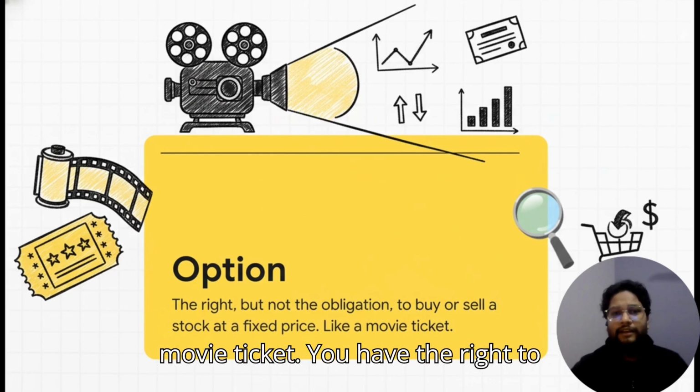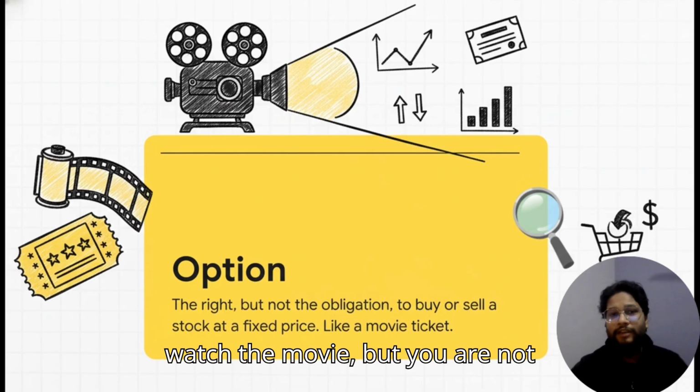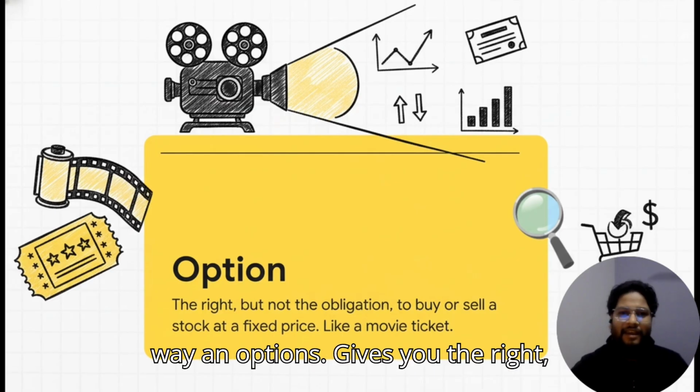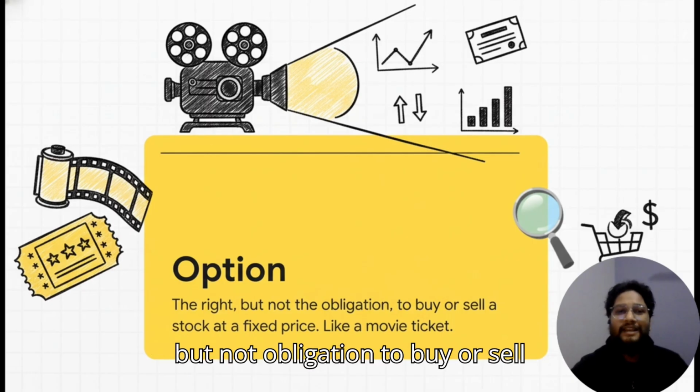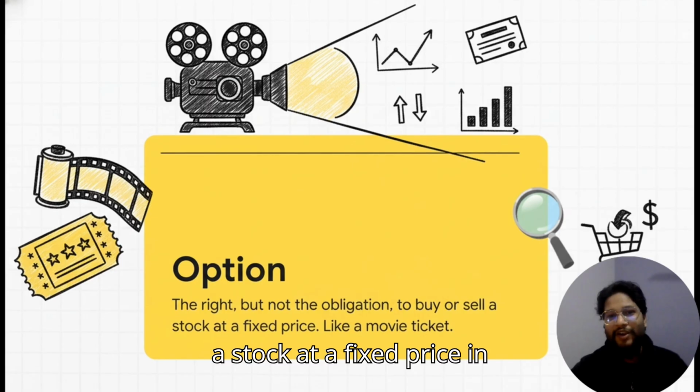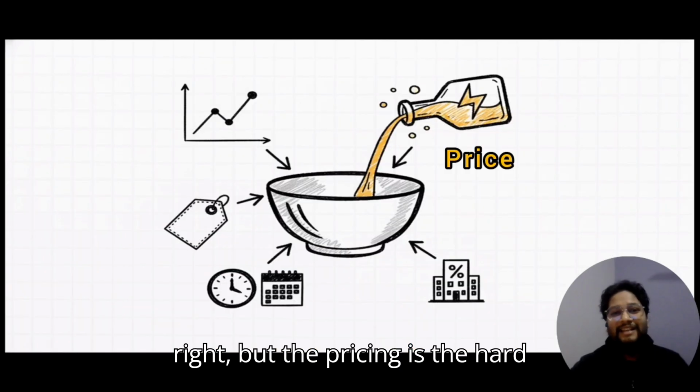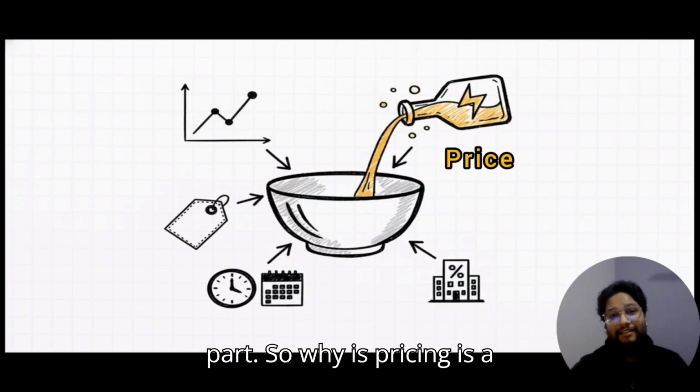An option is like a movie ticket. You have the right to watch the movie, but you are not forced to go, right? In the same way, an option gives you the right, but not the obligation, to buy or sell a stock at a fixed price on a future date. Sounds simple, right? But the pricing is the hard part.